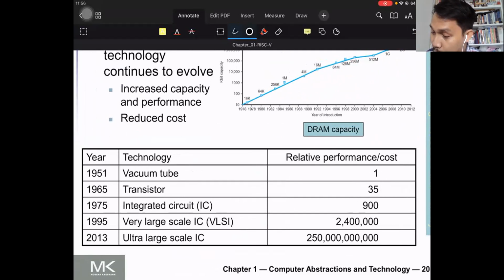Not the very first vacuum tube, but the vacuum tube in 1951. Vacuum tubes were invented decades earlier.